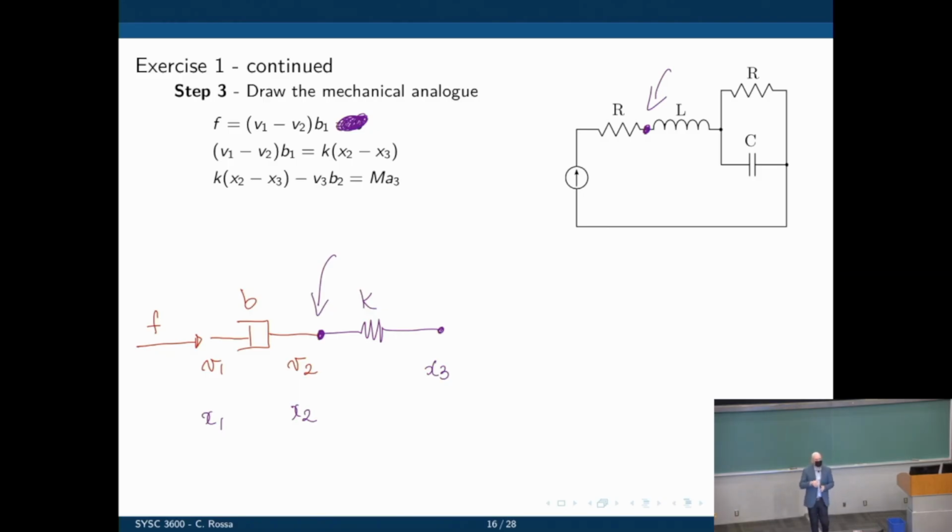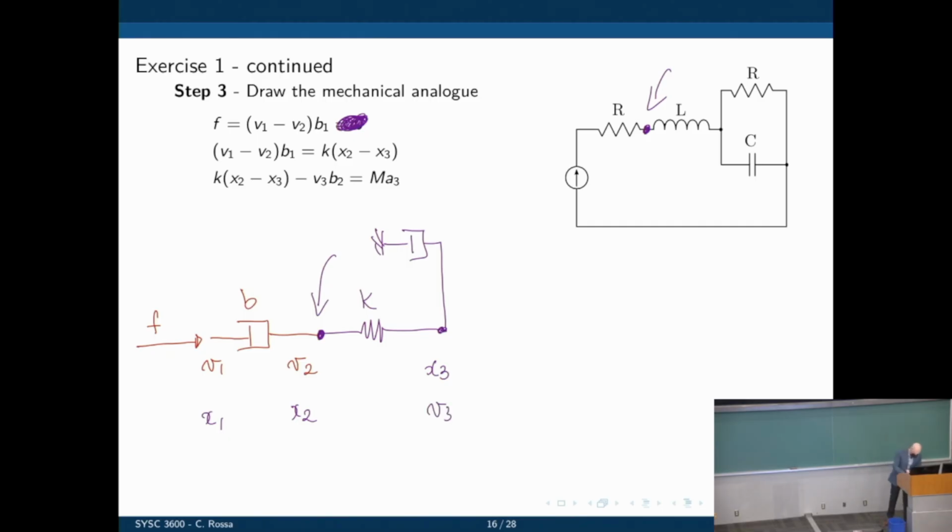Now let's move on to the next equation. The next equation is k times (x2 minus x3), which is precisely the force developed in the spring. To that node, we are adding the force developed by a damper. And you notice that damper is simply dependent on x3 or v3.